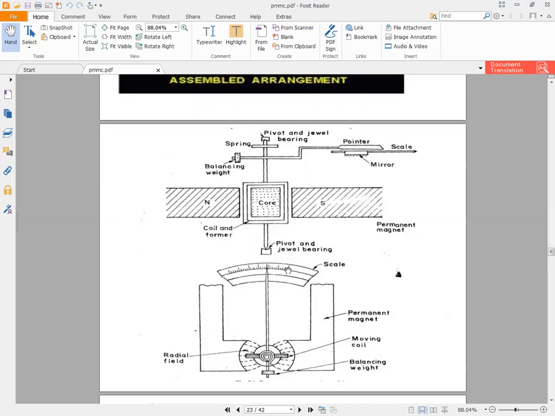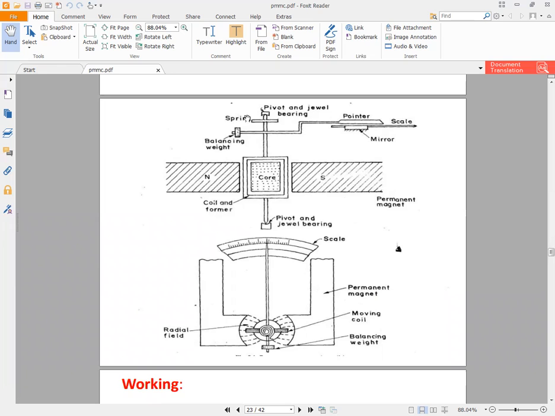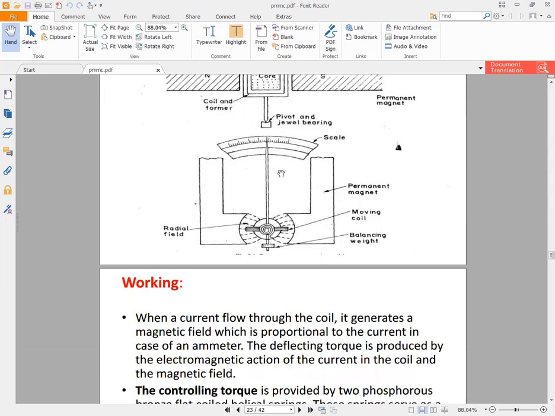When the reading is shown and I switch off, the pointer should be brought back to the 0 position, which also requires the controlling torque. So the controlling torque stops the pointer at the correct position and brings it to 0 after the reading. It is produced by springs made of phosphor bronze material.